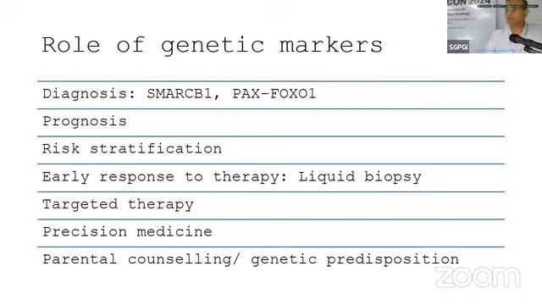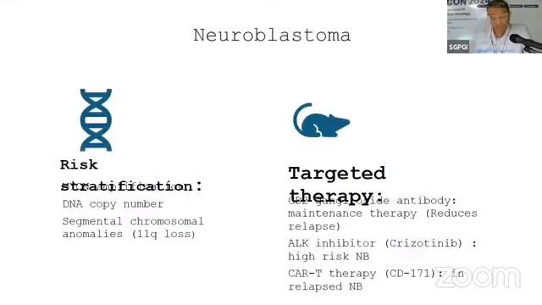We cannot think of precision medicine unless we talk about the genetic changes within the tumor, so precision medicine is almost all dependent upon genetic markers and genetic testing. And then parental counseling, to tell the parents whether other family members are also at risk, and whether the other child has a possibility of having this particular tumor and genetic predisposition syndrome. So these are the wide aspects which can be utilized.